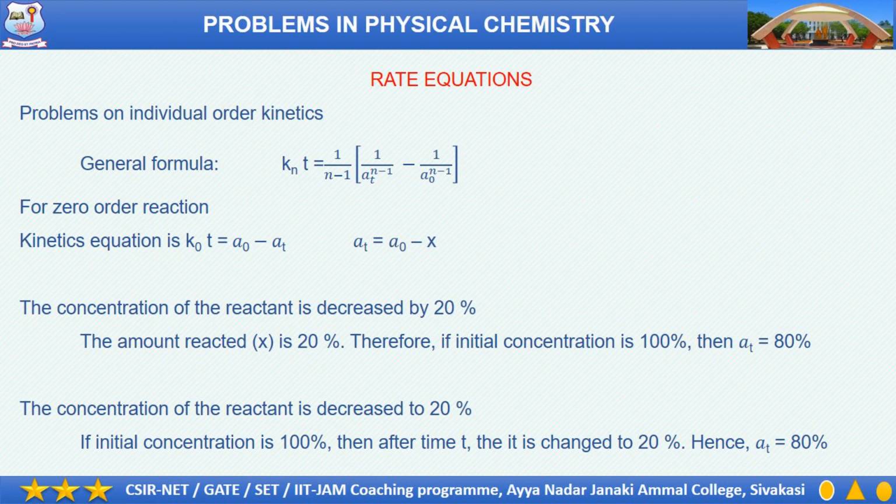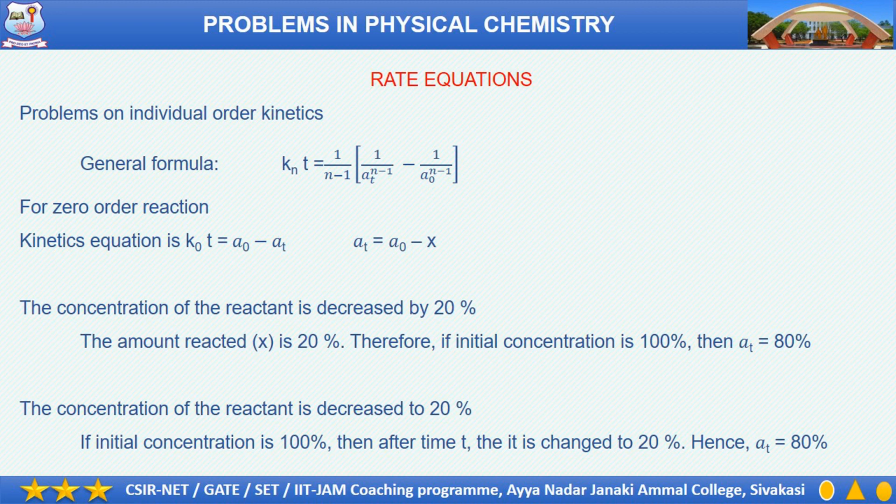Today we will see the possible problems for individual order kinetics. First we will see the zero order and what are the possible problems that can be asked in the zero order, for which you should know what are the possible kinetic equations available.